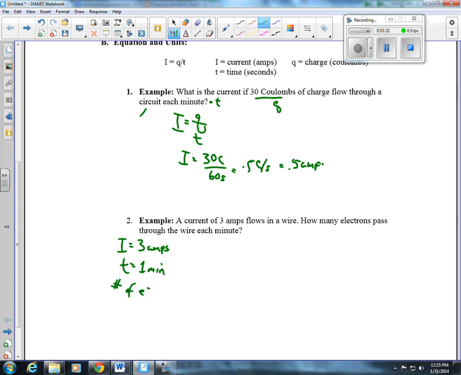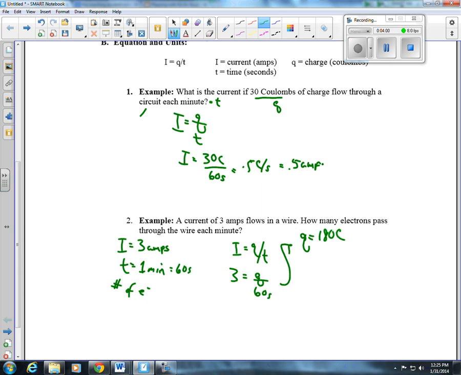I can't solve for that directly, but I can plug into this equation. I equals Q over T. So 3 equals Q over, again, I have to be in seconds, so the time was 1 minute, that's 60 seconds. And then when I cross multiply, I will get Q is 180 coulombs.